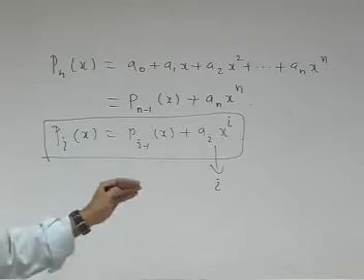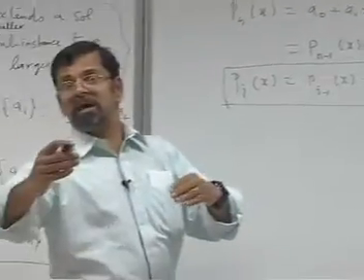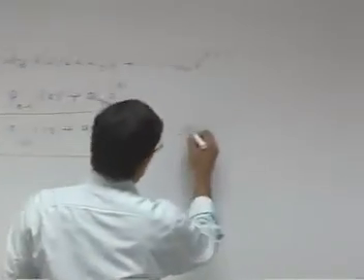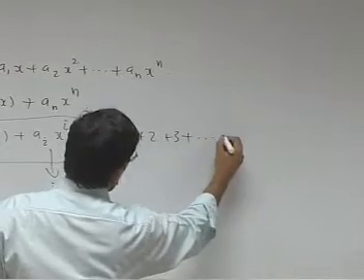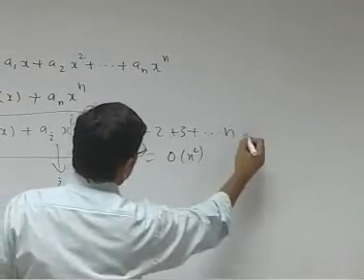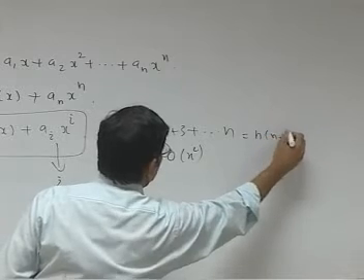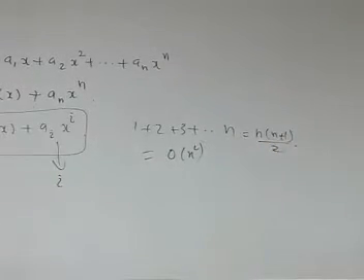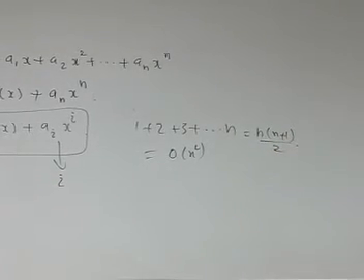So each extension at the ith stage costs i, therefore the total cost is 1 plus 2 plus 3 up to n, which is n into n plus 1 by 2, so it is anyway order n square.